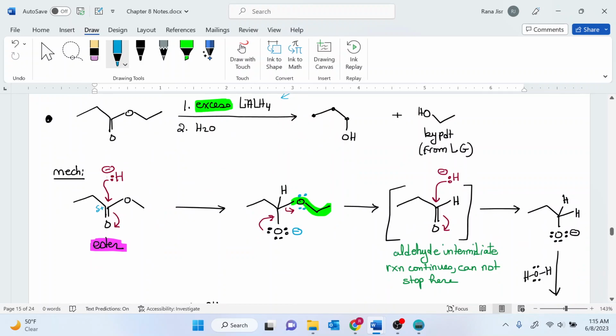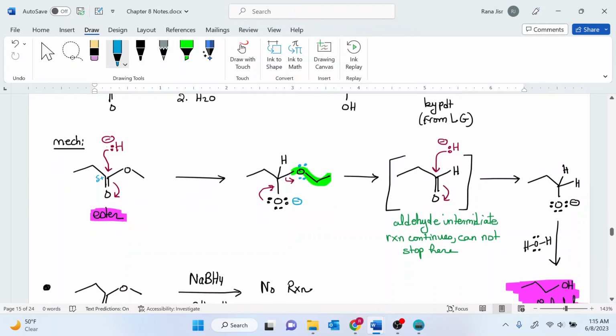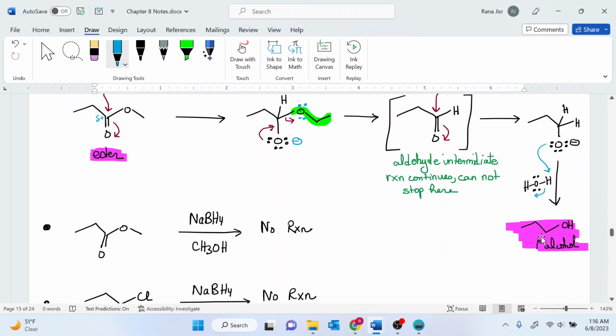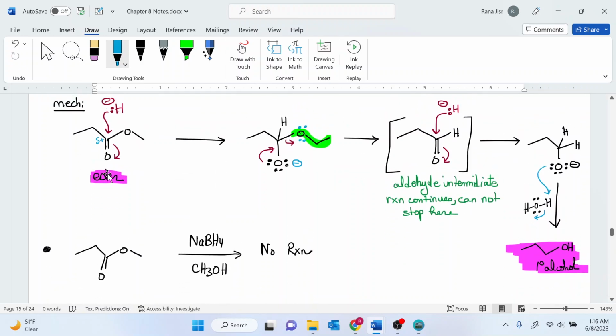There is no other leaving group to leave, so that's it. Now we go to the next step of the reaction, where we need to protonate the oxygen by simply having an acid-base reaction. You end up getting a primary alcohol. So esters with lithium aluminum hydride will form a primary alcohol. They will never form a secondary alcohol.